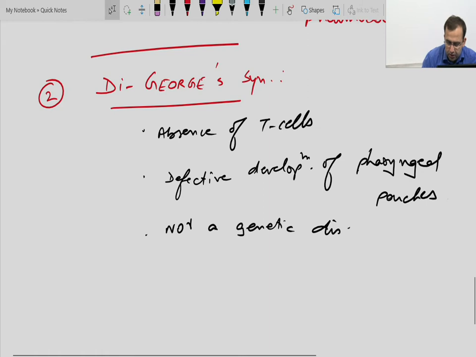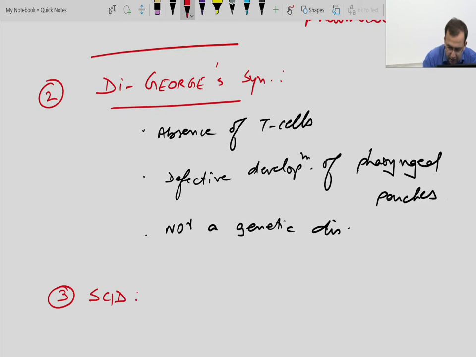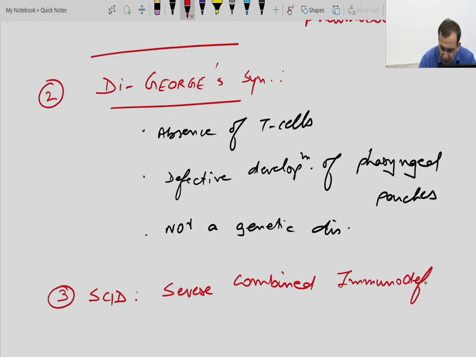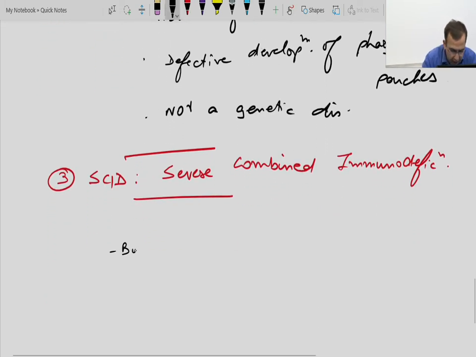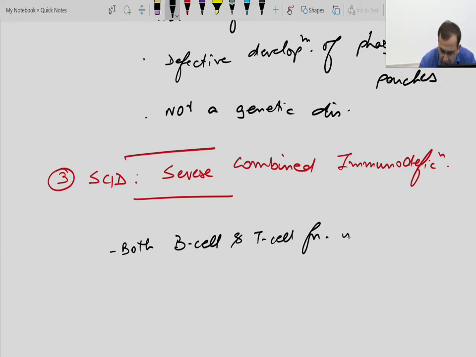Next, this gets us to the combined B and T cell deficiency, that is SCID, which stands for severe combined immunodeficiency. In this, both B and T cells are abnormal. Both B cell and T cell functioning is deficient. Why?